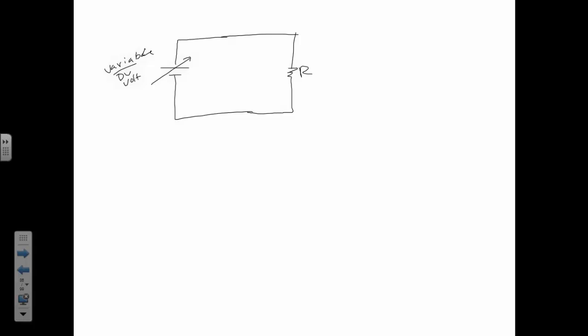By the way, if you want to see what a resistor looks like that we use in electronics, these are examples of resistors. You notice these ones are physically larger than these ones.